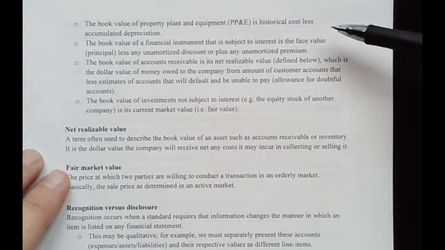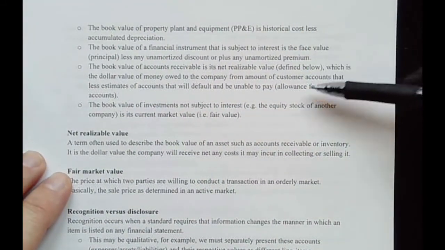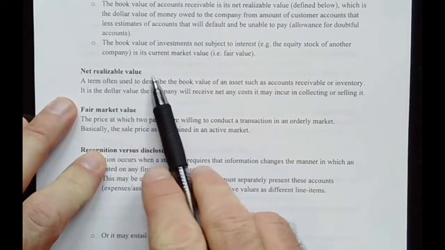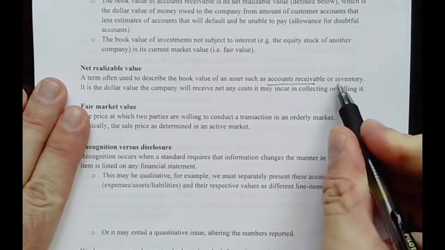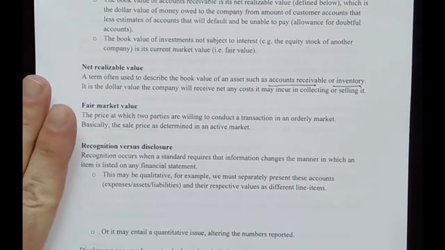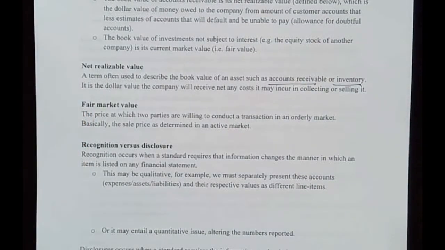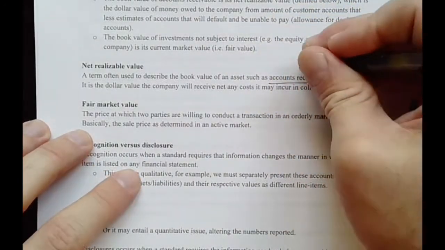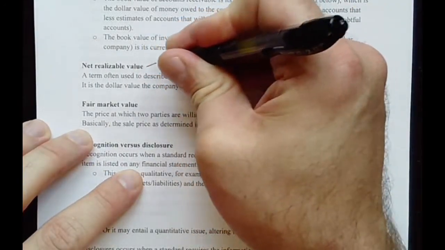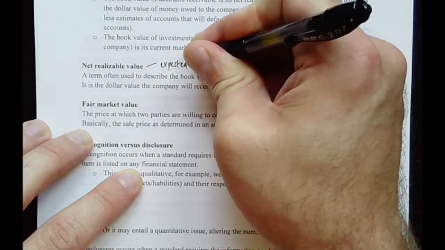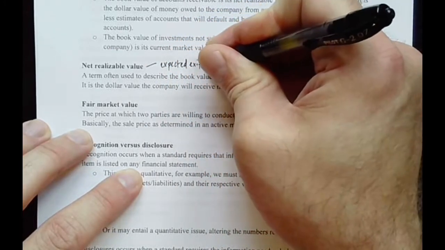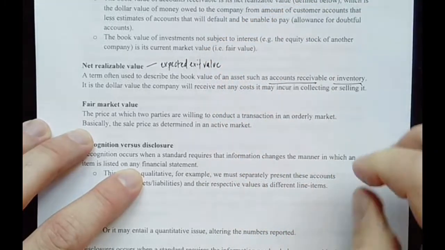And then I just roll through a bunch of examples of that. Net realizable value is a term that we use mostly in inventory and accounts receivable. It's a shorthand way of saying expected exit value, which we've already covered, and you can go back and look at again. It's under the measurement principle.